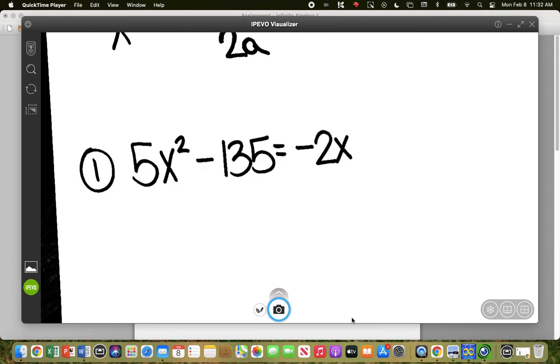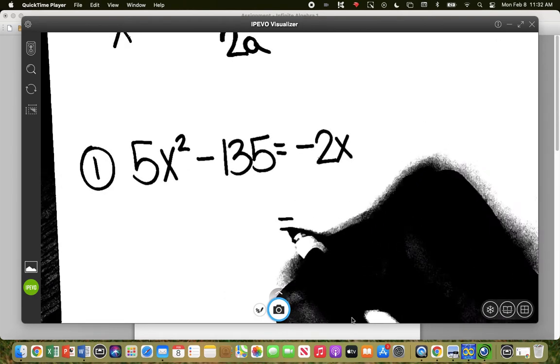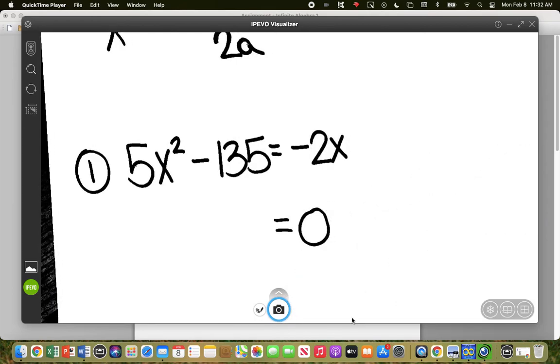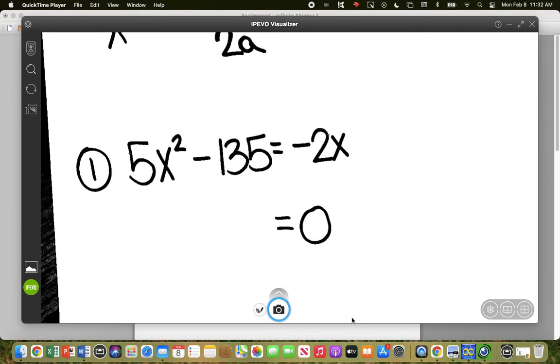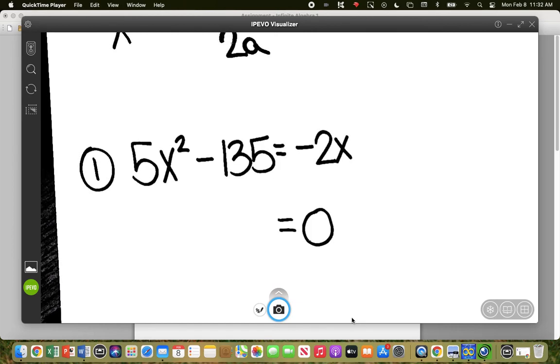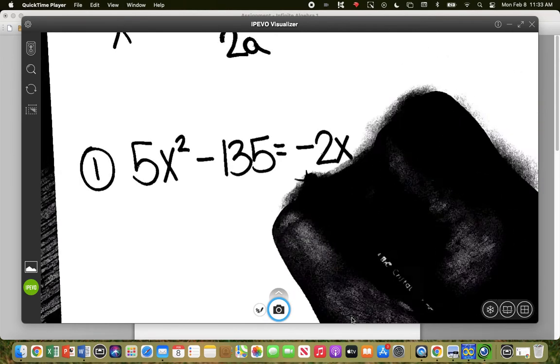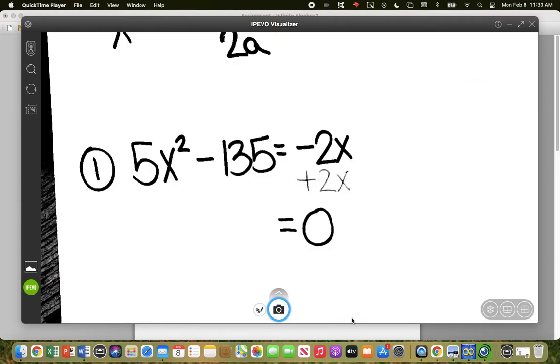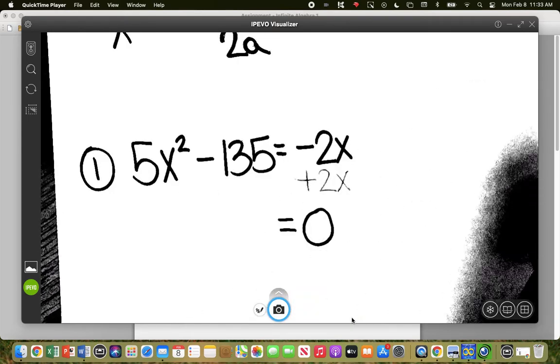So we always like this to be equal to 0. So how can I move a negative 2x over to the other side? Do I add it or subtract it? I'm going to say we add it. So we're going to add this 2x to this side. Now whatever we add to this side, we have to add to the other side.